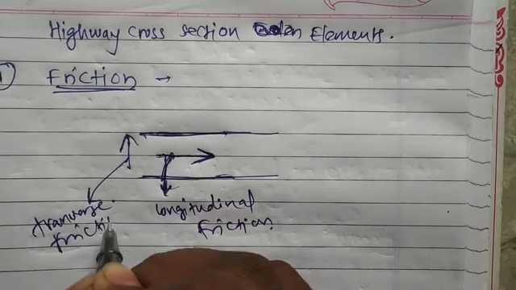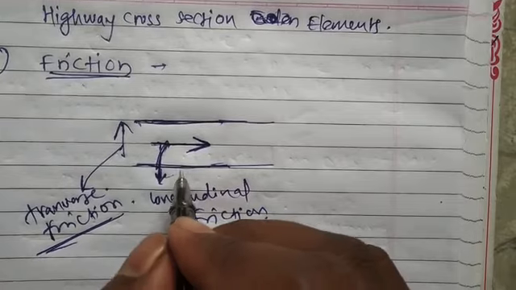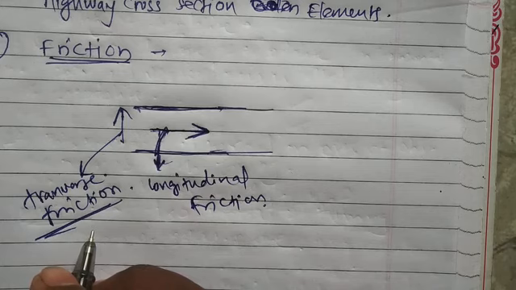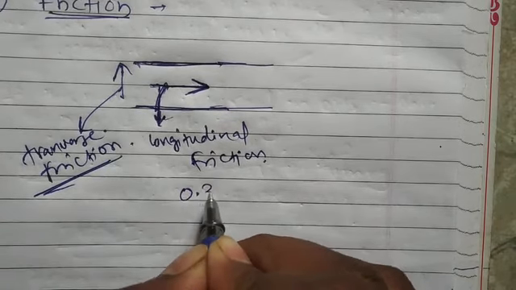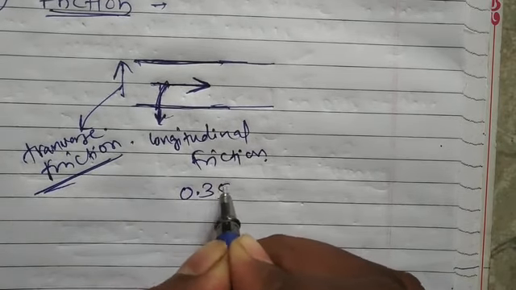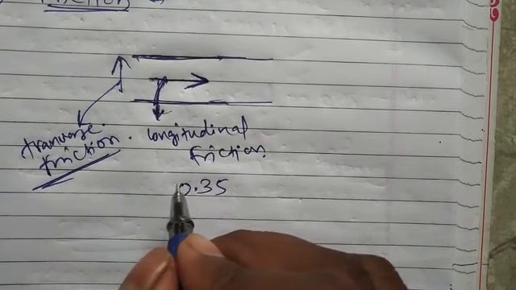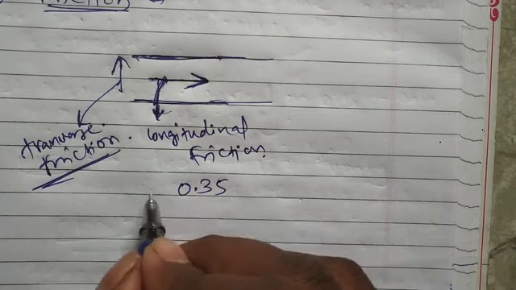Now there are different limitations suggested by IRC for this friction. The longitudinal friction for safe travel of vehicles is considered between 0.35 and 0.40. I'm explaining the coefficient of friction.